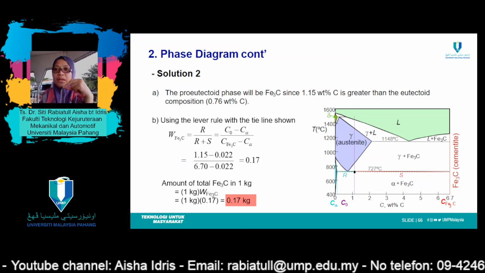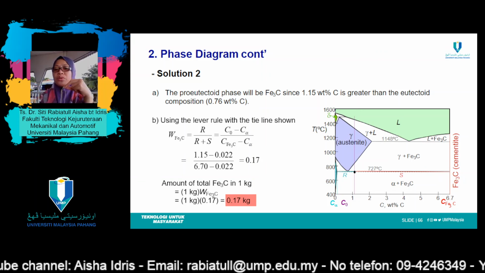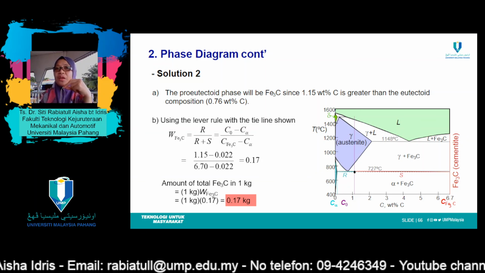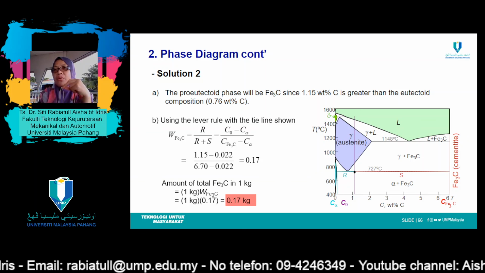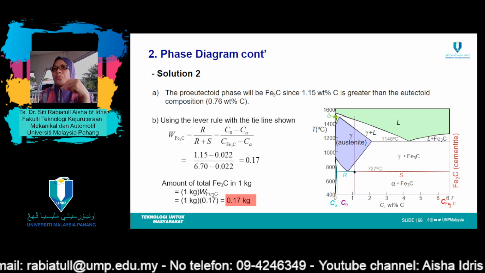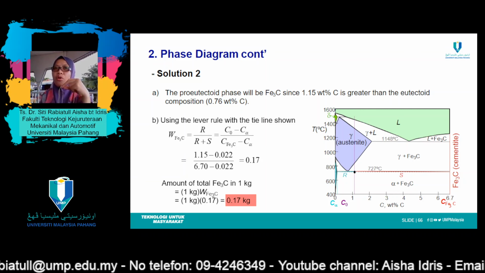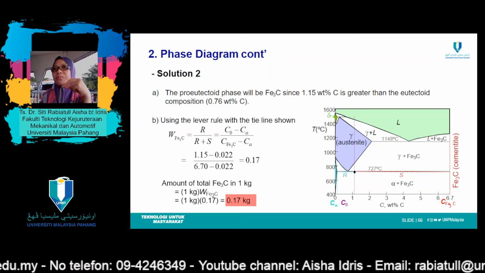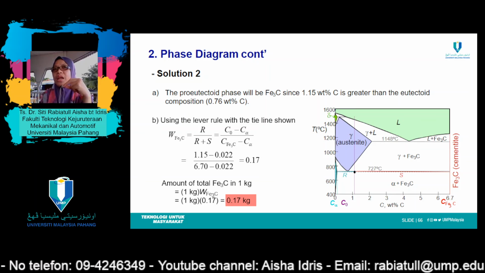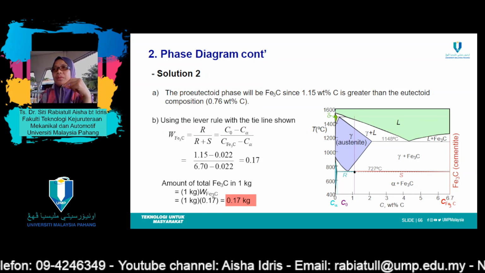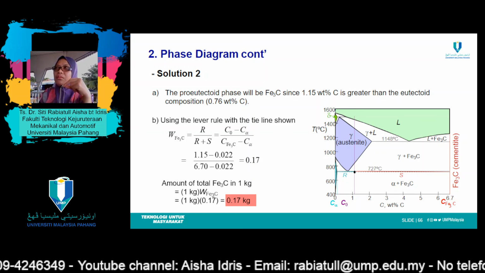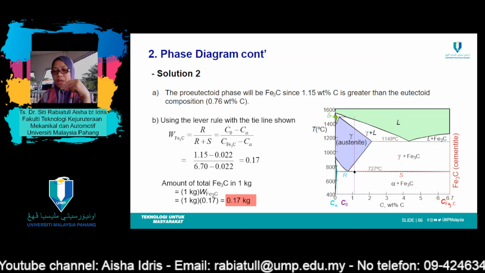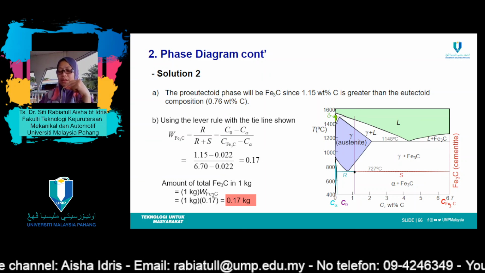So can you imagine the properties of the material once you have cementite, which is hard and brittle in nature? But then the amount is very low, so you can say that the overall alloy itself, my steel itself, may still have ductile properties if we are referring to the hardness of it.